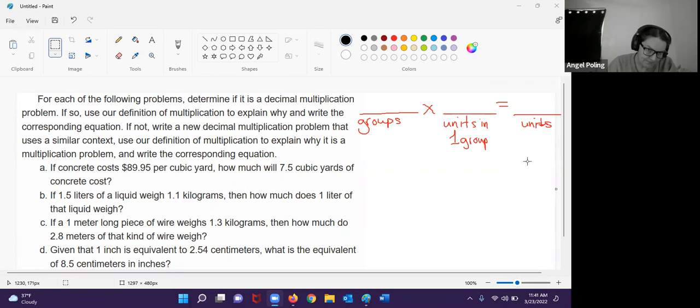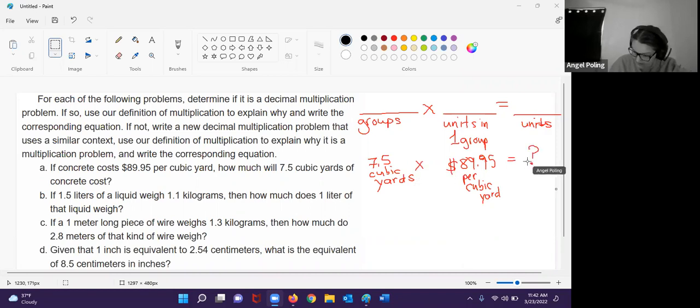And for A, if concrete costs $89.95 per 1 cubic yard, then how much will 7.5 cubic yards cost? So this is definitely a decimal multiplication problem.